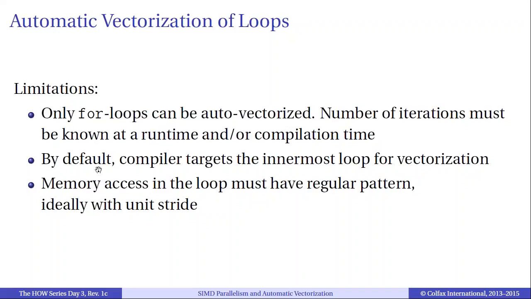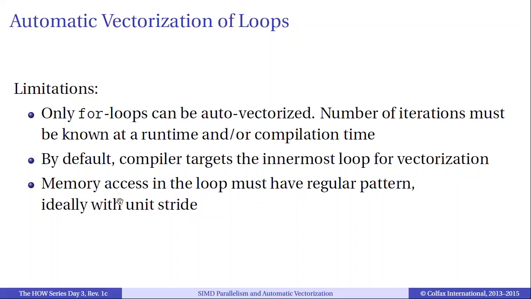Also, the default behavior is that the compiler targets the innermost loop for vectorization. So if you have nested loops, you can expect that the compiler will target the innermost loop, even though you can sometimes override this behavior. I will show how. The compiler will vectorize loops with complex memory access patterns, such as strided access patterns.